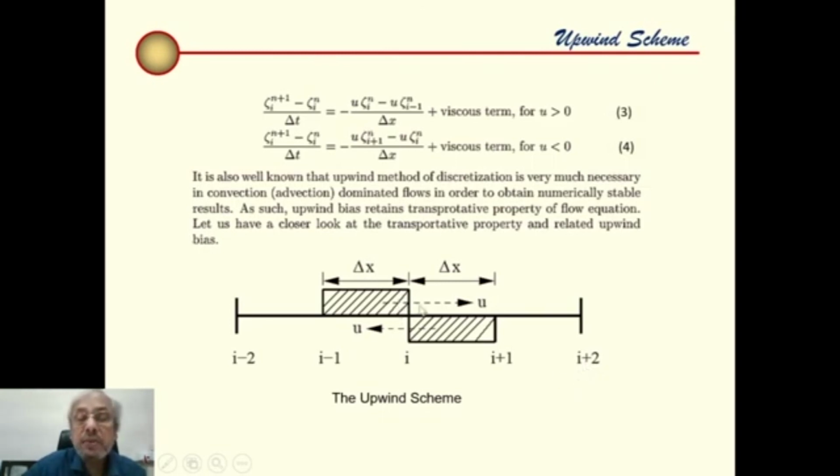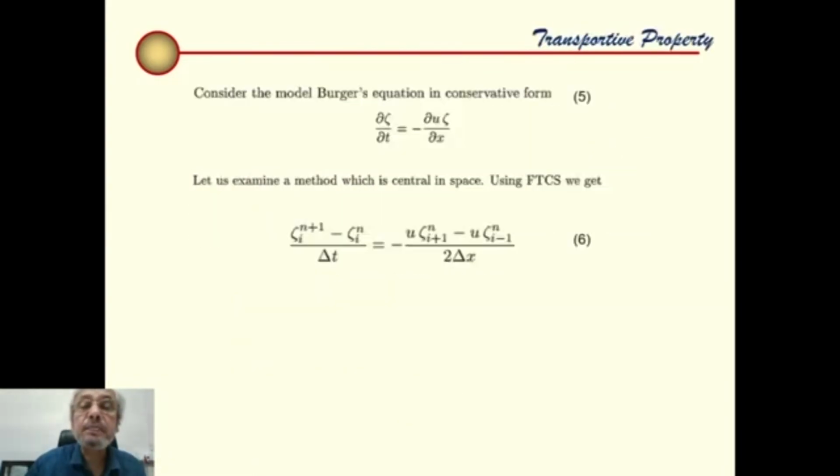Once we will take u as positive, so in the positive direction, and another occasion we will take u as negative, u running in the negative direction. That means in the opposite direction of the coordinate system.